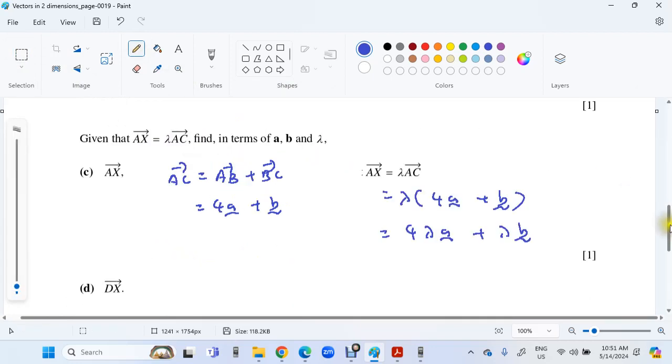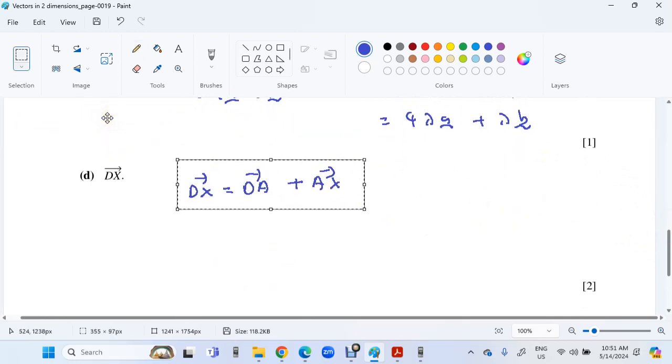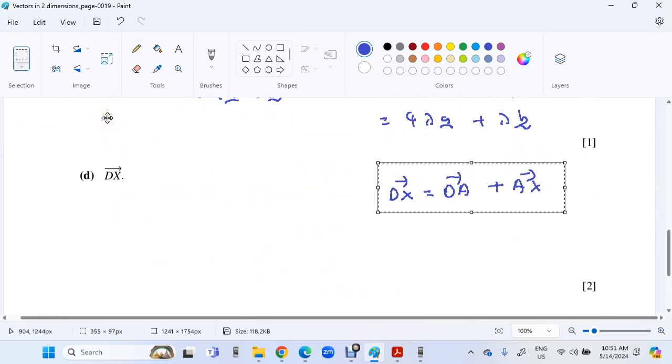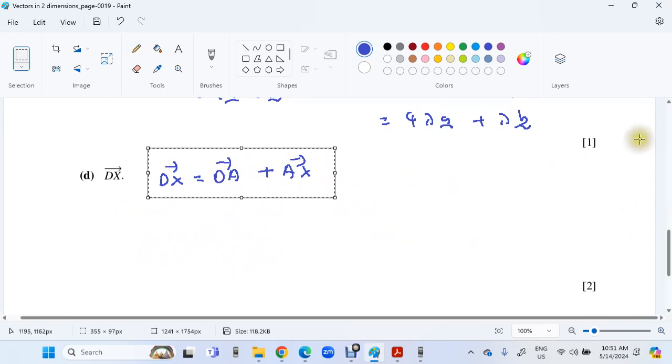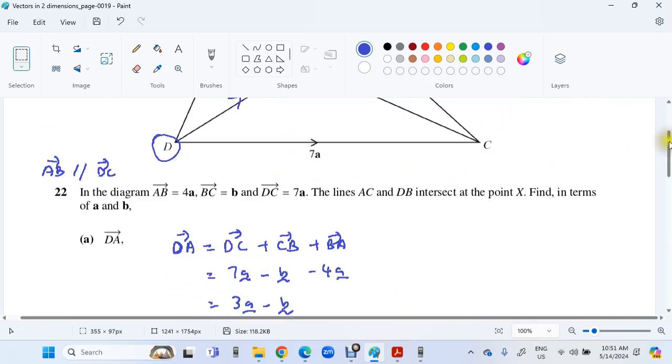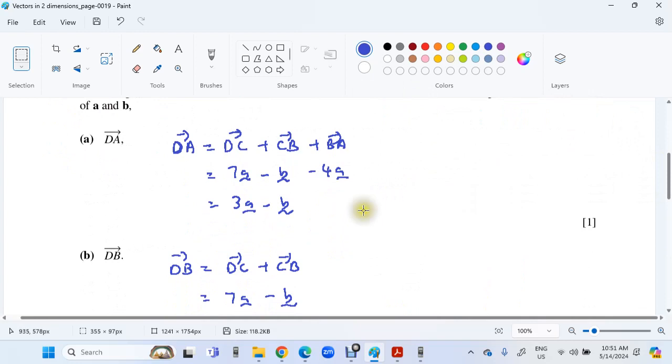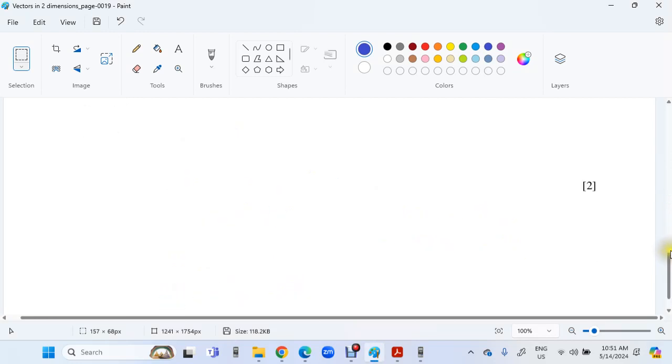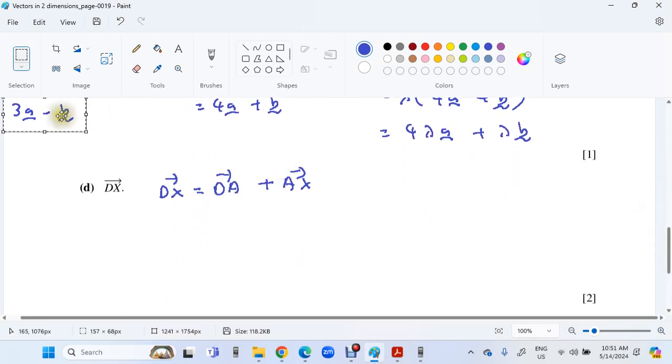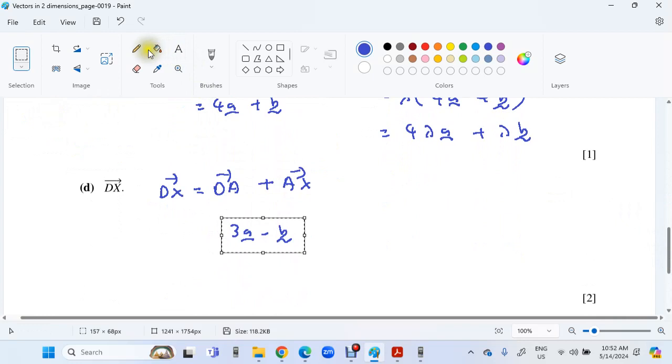Normally, this kind of vector question is guided. So what we get in the first part, part A, part B, will normally be used in the following part. So DA is 3a minus b.